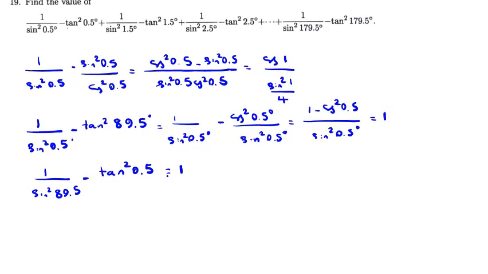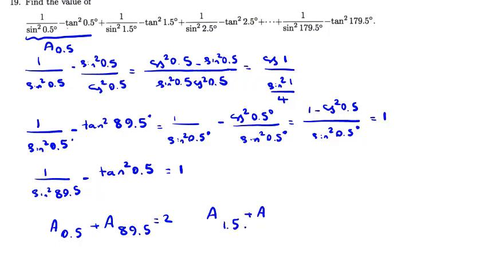So let me check. For example, suppose we call this one a 0.5. So a 0.5 plus a 89.5 equals 1, a 1.5 plus a 88.5 equals 2, and you write all these things.